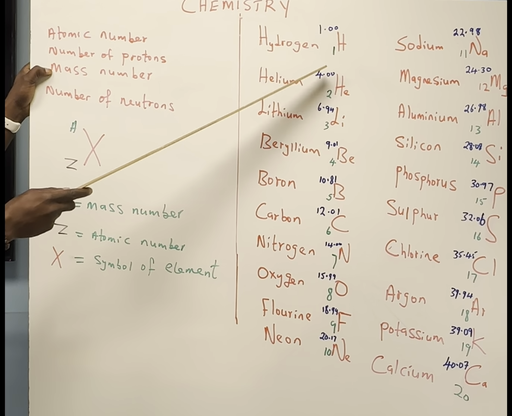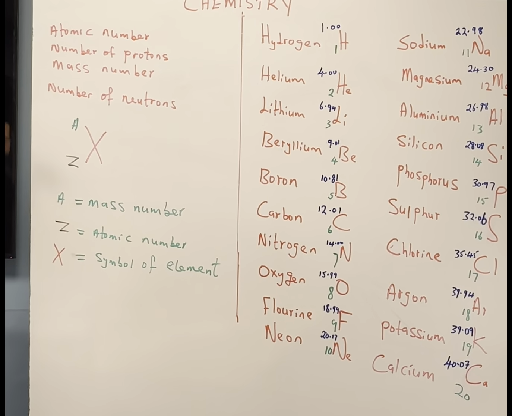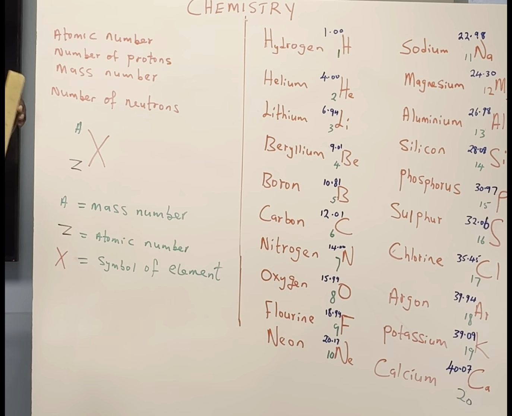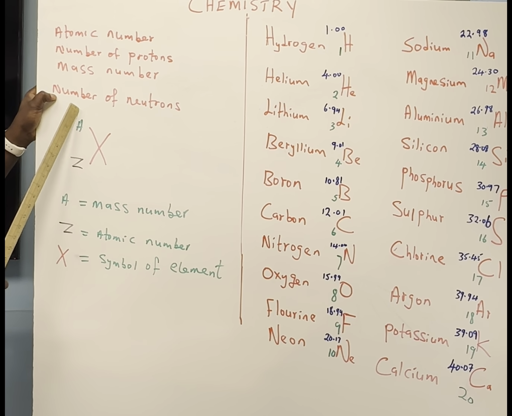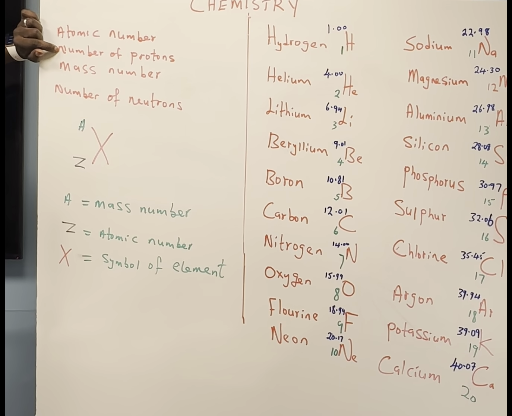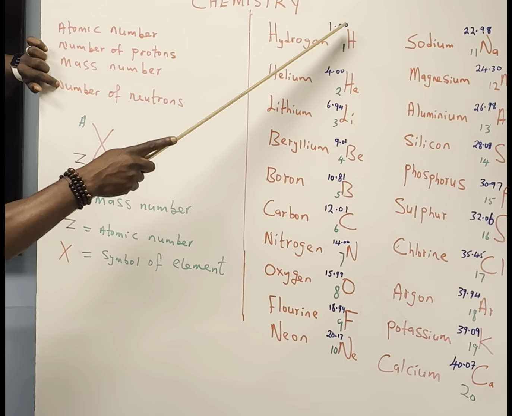In a layman's understanding, you can define mass number as the sum of protons and neutrons. When you add the number of protons to the number of neutrons, it will give you your mass number.